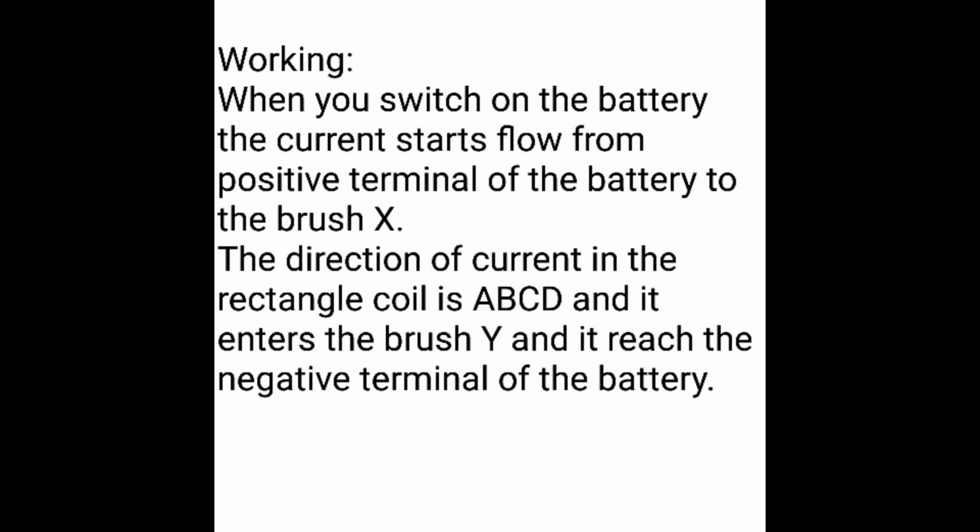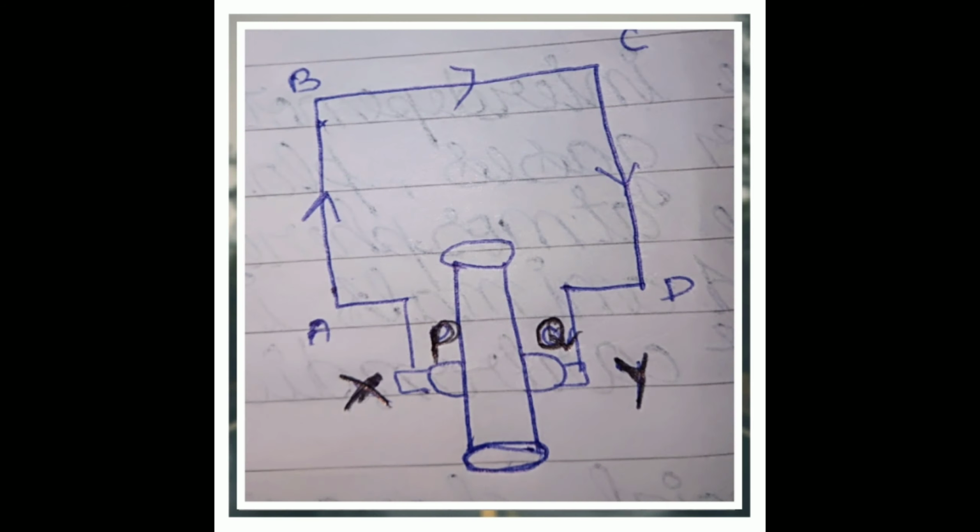Next, working of an electric motor. When we switch on the battery, the current enters the coil ABCD through the conducting brush X and flows back to the battery through brush Y. The direction of current in the arm AB is A to B. This current direction is perpendicular to the direction of magnetic field given by the magnet.